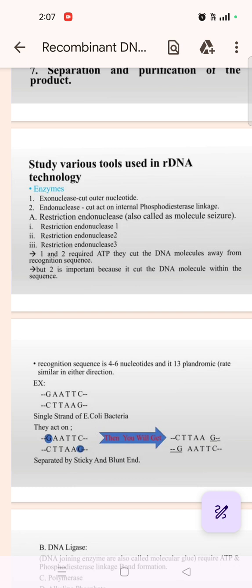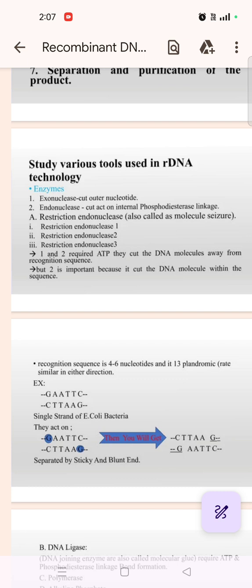The next one is the immunochemical method. When the desired gene produces an antigenic protein, the rDNA can be identified by the immunochemical method. The protein produced by the recombinant cells is allowed to bind with a radio-labeled antibody. The clone which binds with the radio-labeled antibody contains rDNA.